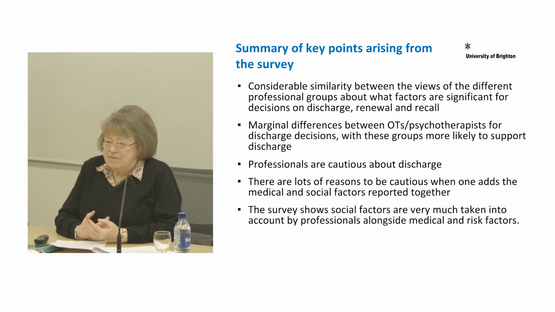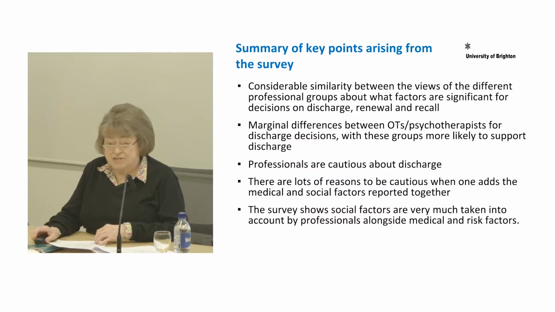And really people are very cautious about discharge. But when you add together the mental health factors with social challenges, it's possible that they're right to be very cautious. But it does show that social factors are taken into account by professionals.